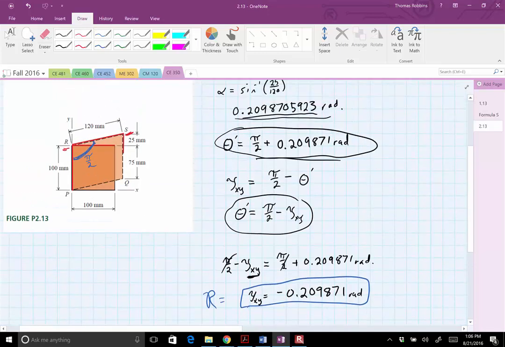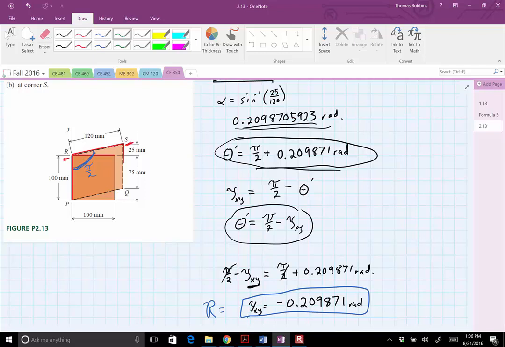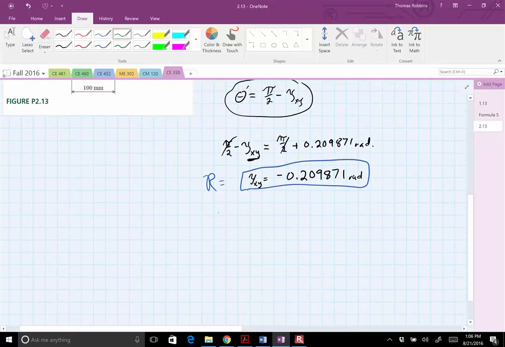Now because of the geometry of this, this line here, we know that this angle S is going to be the same angle, theta, just in the other direction. So S equals pi over 2 minus our gamma, because that's still theta, the same one that we had here.